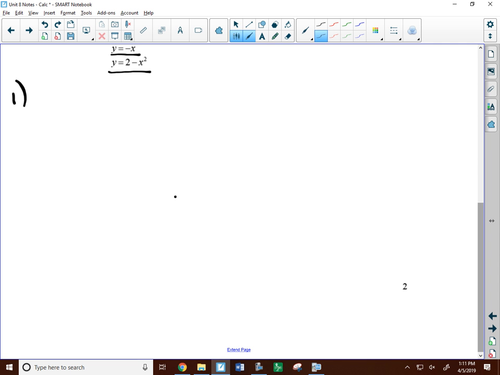I'm not going to use Desmos here. These are a little easier to graph. Negative x is just the diagonal line through the origin. And then 2 minus x squared: negative x squared is a parabola opening down, but then the 2 moves it up 2. So it has a y-intercept of 2, and it's a parabola opening down.